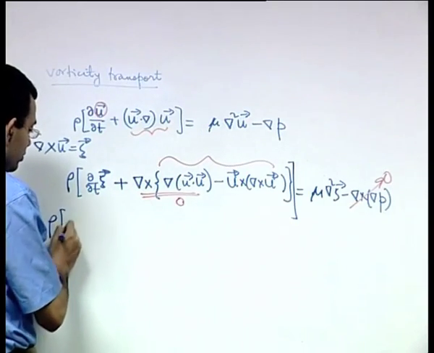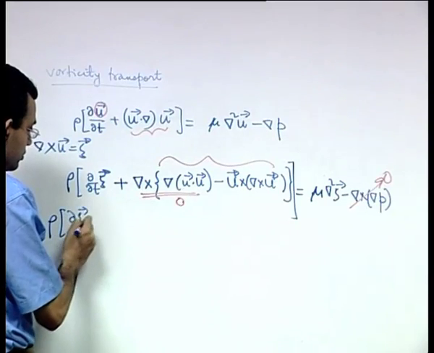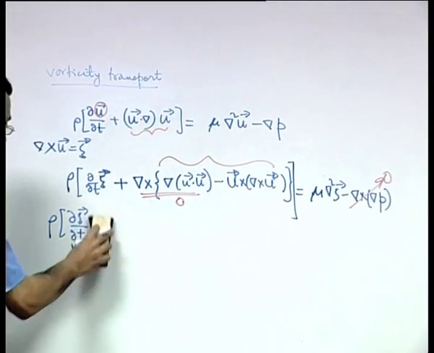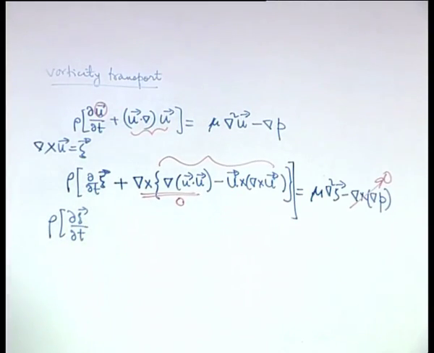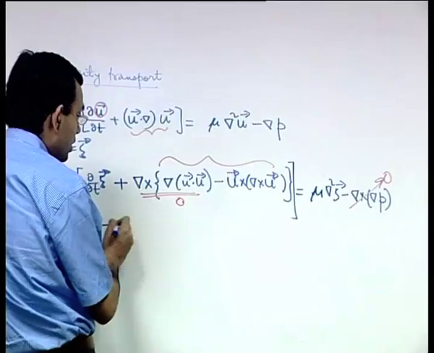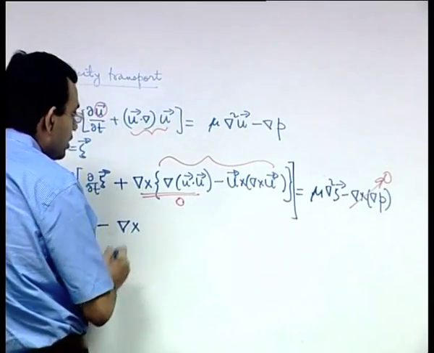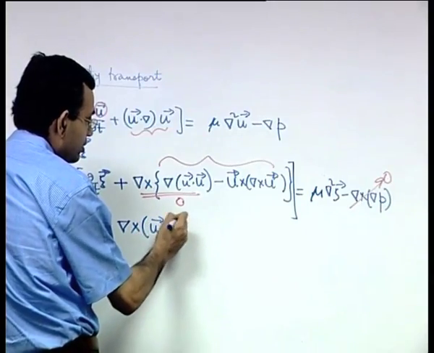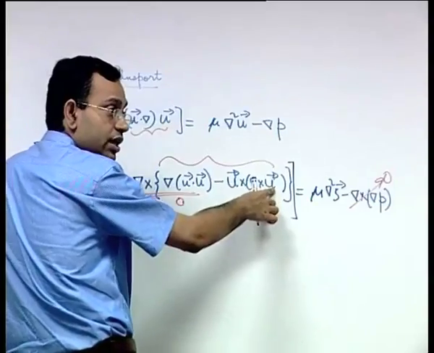You will get rho minus del cross u cross zeta, because del cross u is zeta.